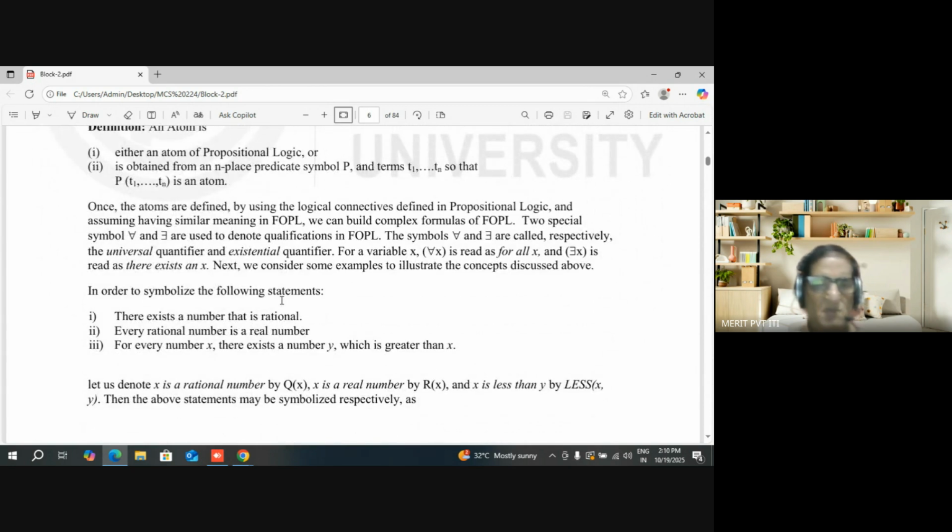In order to symbolize the following statements: there exists a number that is rational; every rational number is a real number; for every number x, there exists a number y which is greater than x.